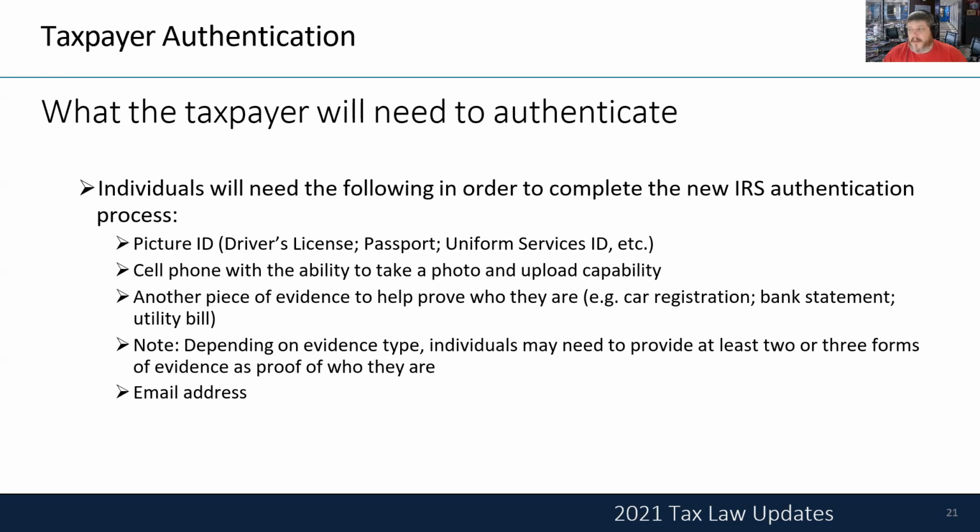And then they will need another piece of evidence or multiple pieces of evidence to help prove who they are. Car registrations, bank statements, utility bills, things like that. Essentially, the same kind of documents that they would need to enroll their kid in a school are the kinds of documentation that they will need for this. And then they will need an email address.